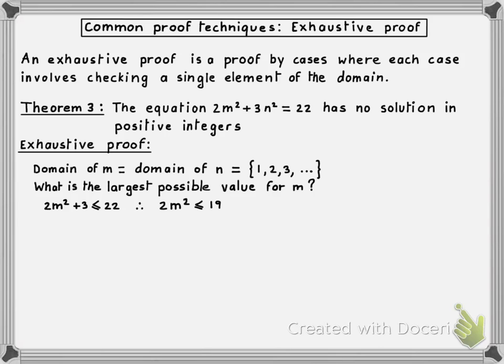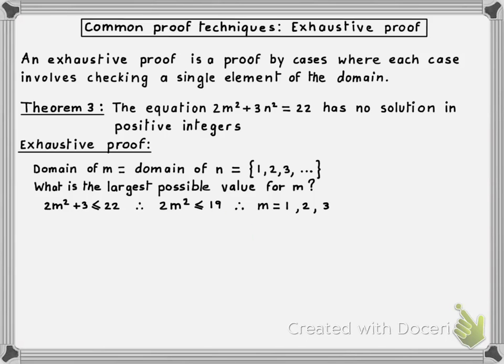We know the minimum value for m is 1, so let's start with it. Clearly m equals 1 works because 2 times 1 squared is 2, that's less than 19. Does 2 work? Sure, 2 times 2 squared is 2 times 4, which is 8, also less than 19. How about m equals 3? 3 squared is 9, 2 times 9 is 18, that's still less than 19.